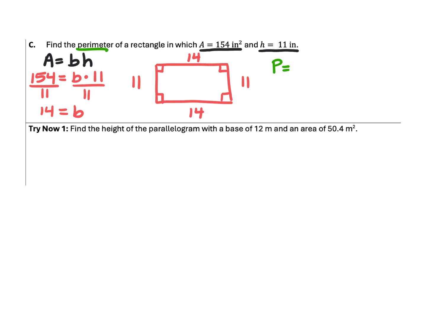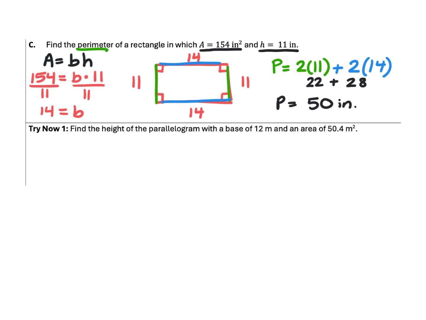So I'm going to do 2 times 11 because there are two sides that are 11, plus, and then we'll do 2 times 14 because there are two sides that are 14. And now if we just add those up, that's 22 plus 28. So our perimeter is 50. And then we'll put the unit back in, it's 50 inches.